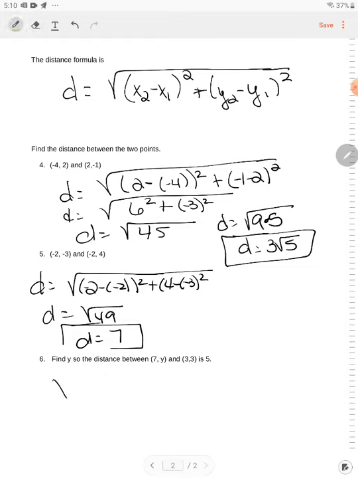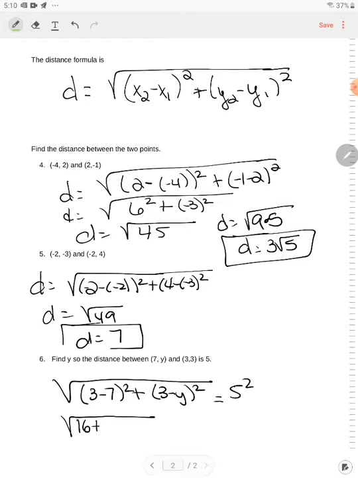Okay, so we've got the square root of 3 minus 7 squared plus 3 minus y squared is equal to 5. So that's negative 4 squared, so that's the square root of 16. Plus, do not FOIL that binomial out. Leave it as a quantity squared. That's equal to 5. Let me correct myself.